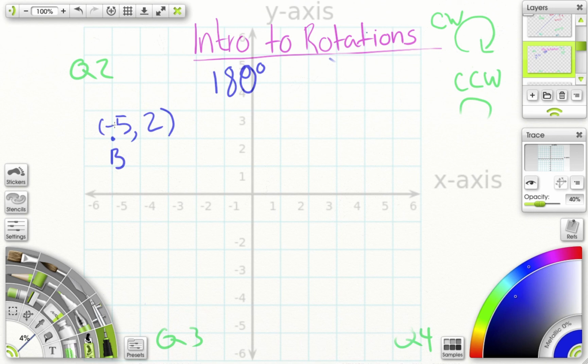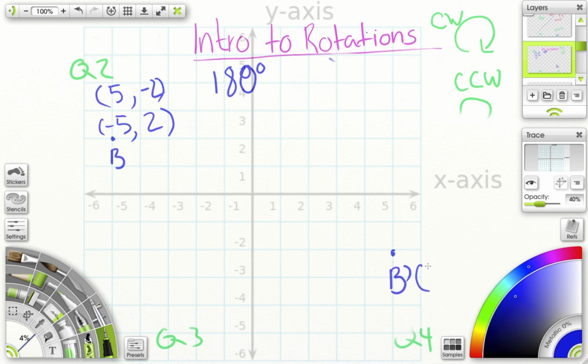They just become the opposite integer. So if I have -5, +2, the opposite of -5 is +5. Opposite of +2 is -2. That's all. So I go 5, -2. Is that in the right quadrant? Is that 180 degrees? Yes. So I know I ended up doing it right.